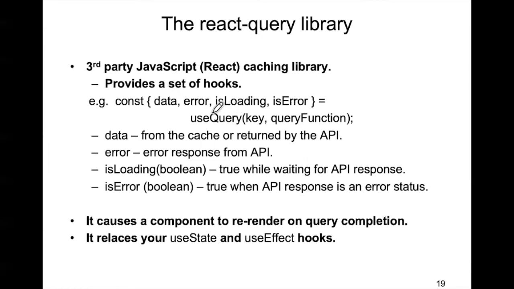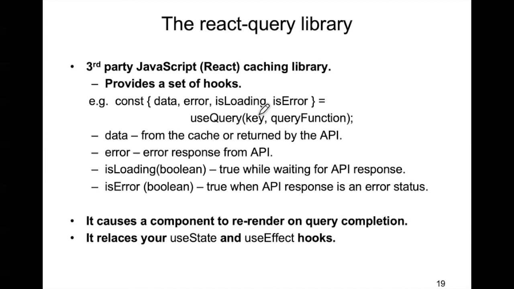And so the way you interpret this is I'm asking my React Query caching library to give me a particular piece of data, the data that has a particular key. And so it will look in its cache, as I said, and if it finds it, then it returns it back to me. If it doesn't find it, then it needs to actually make the HTTP request.